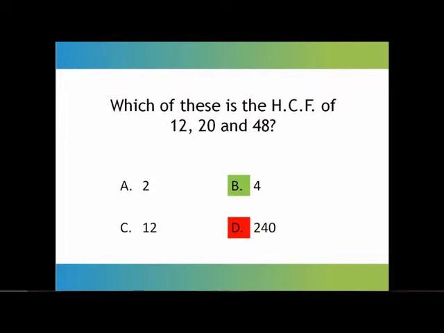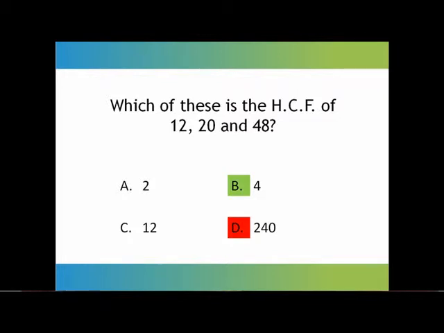This question was asked in a detailed assessment test to the students of grades 5 and 6. The question is asking the students to find the HCF of 12, 20 and 48. The options are 2, 4, 12 and 240. Students should understand the concept of factors and multiples and highest common factor to be able to answer this question correctly. Students who have chosen option B have correctly found out the highest common factor of 12, 20 and 48.